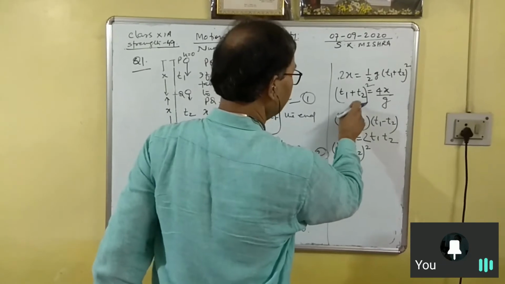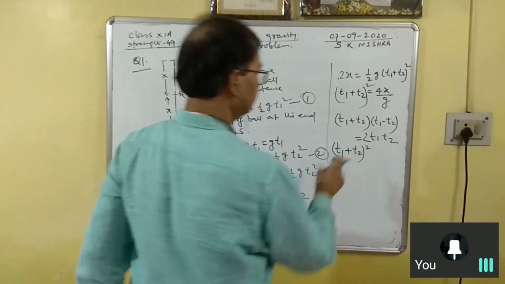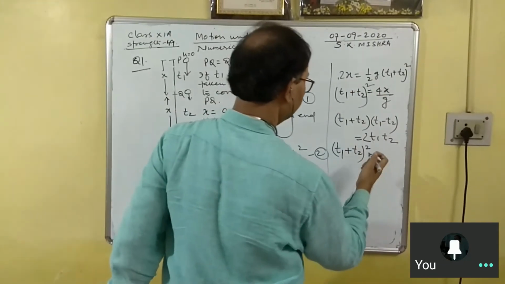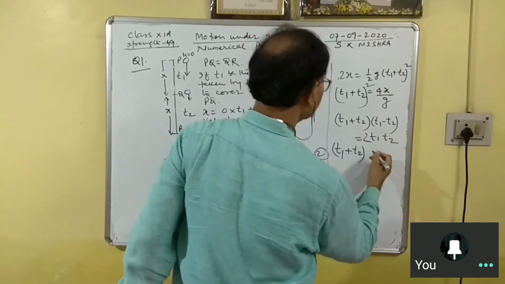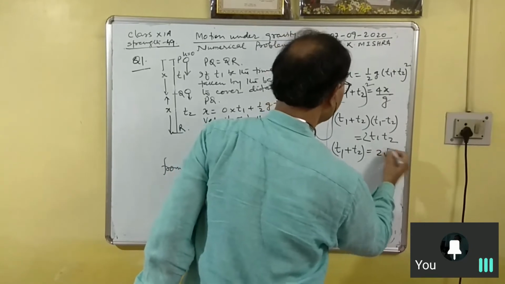From here you can find it. So T1 plus T2 square is given to you. That is, if you find T1 plus T2, then it is 2 under root x by g.